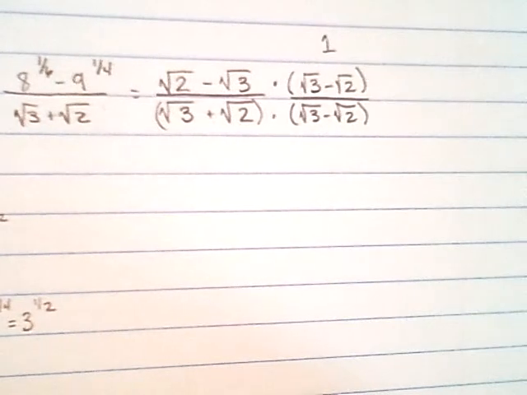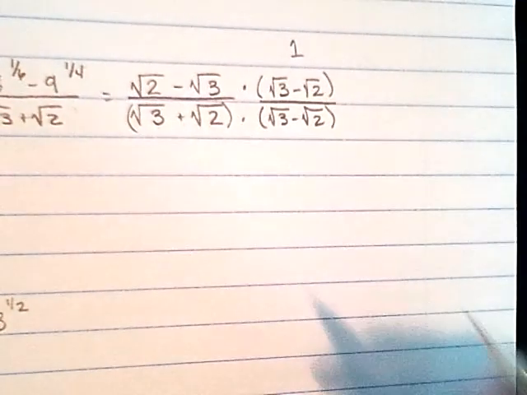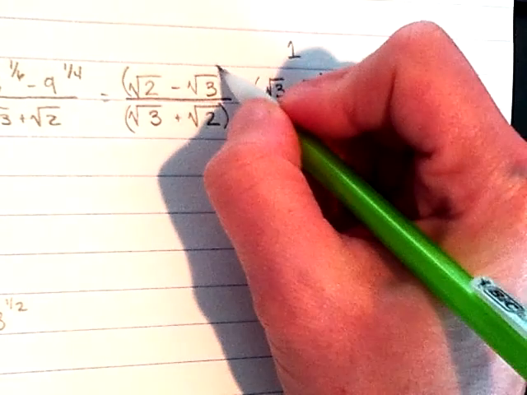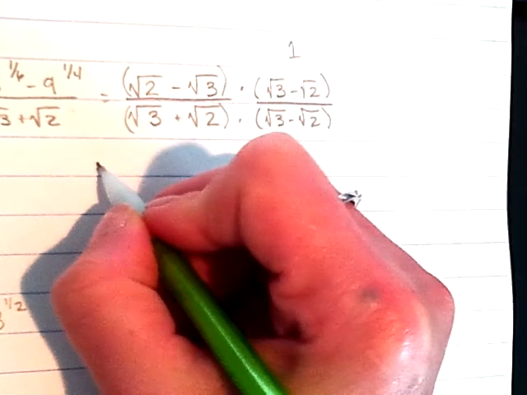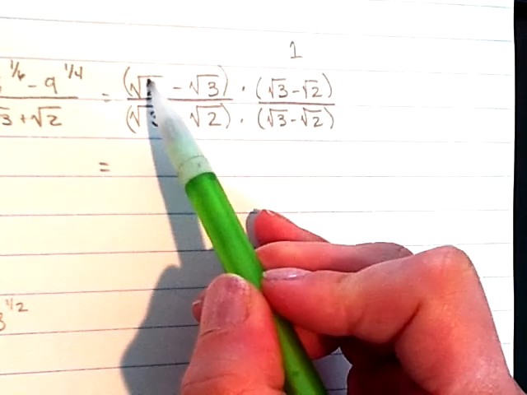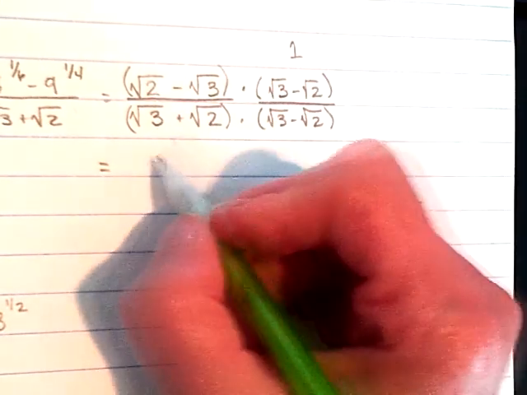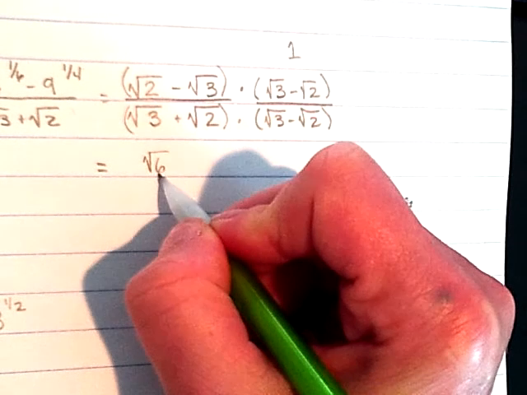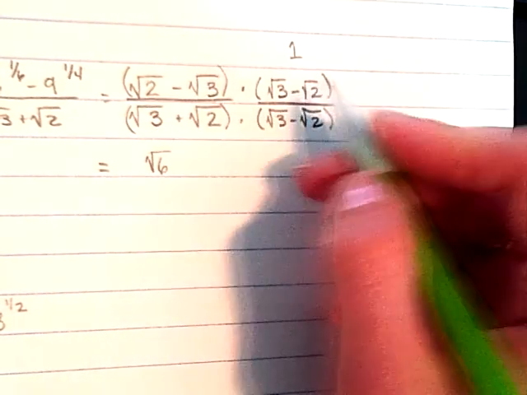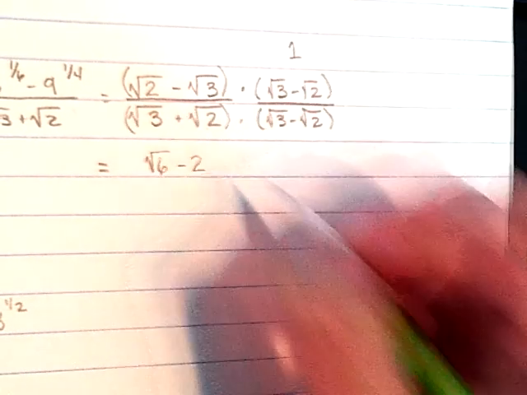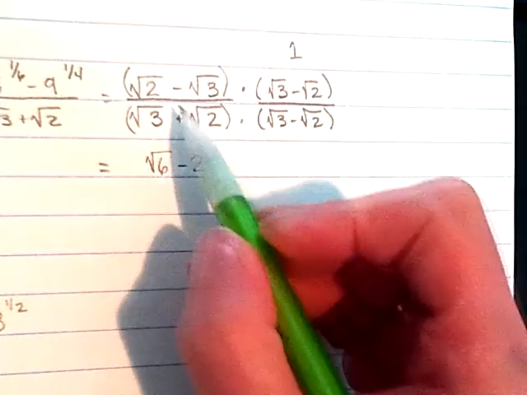So now I'm going to do that work by FOILing both the numerator and the denominator out. If I work on the numerator first, my firsts give me the square root of 6. My outsides become negative 2, when I take the square root of 2 times itself.